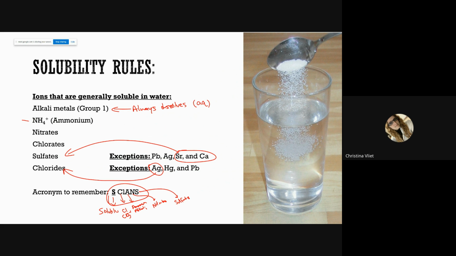So, pour a little bit in. Dissolve it, keep stirring.